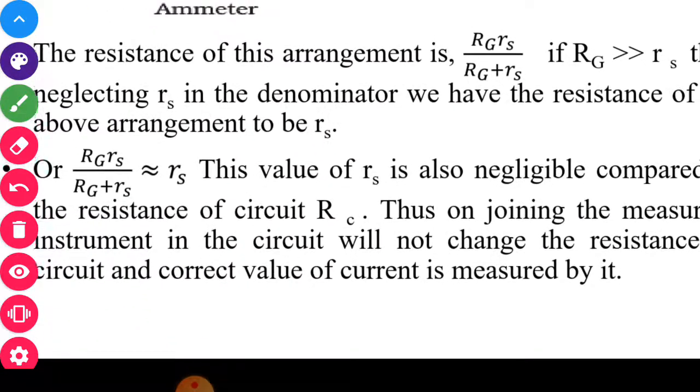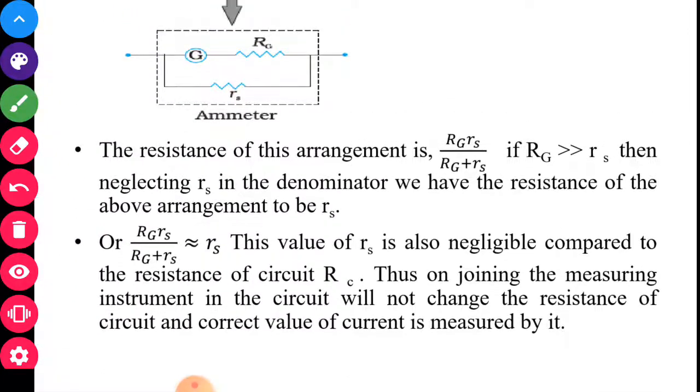You can see, yes, the resistance of the whole connection will become Rs, and this value Rs is very much small or negligible in comparison to the resistance of the circuit. If the resistance of the circuit is Rc, then in comparison to Rc, this value Rs is very small.